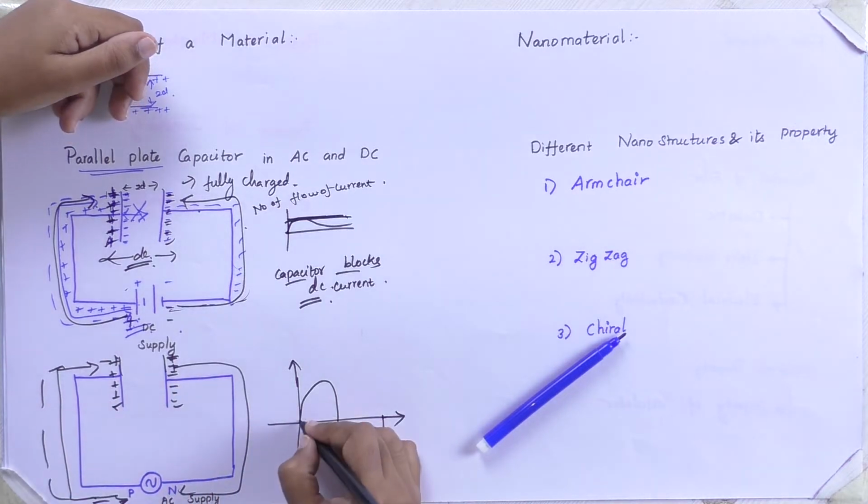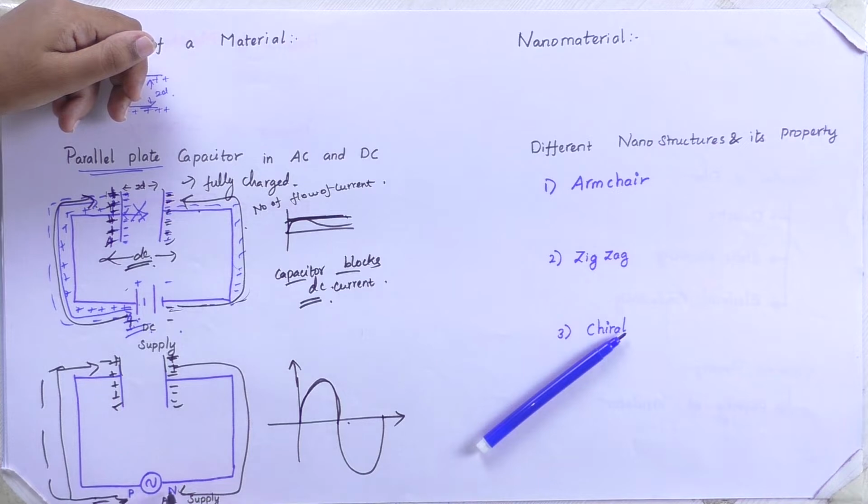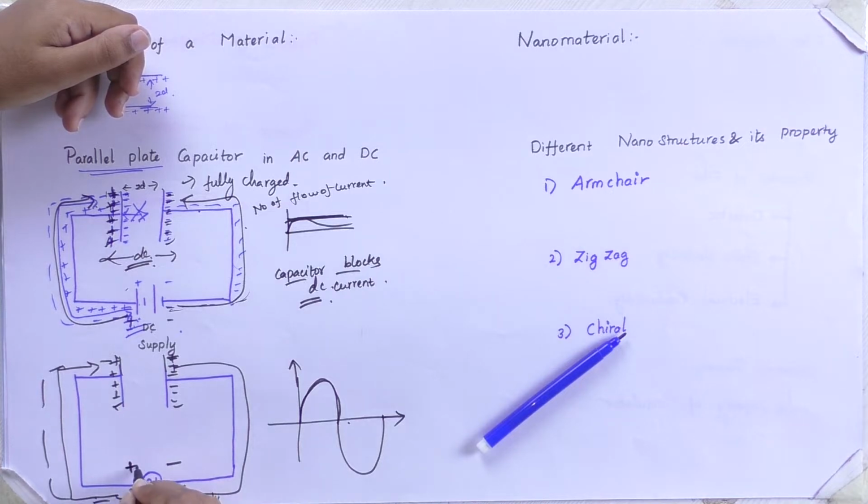During the positive half cycle the current will flow one way.